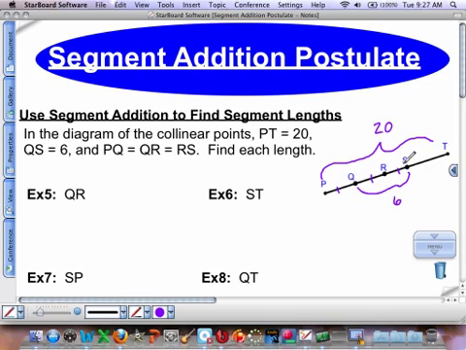Looking at example 5, what are we solving for? Which segment? QR. We've got to solve for QR. How can I use my segment addition postulate here? What can I add together to get a whole?